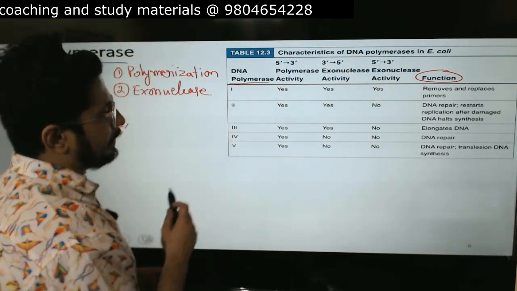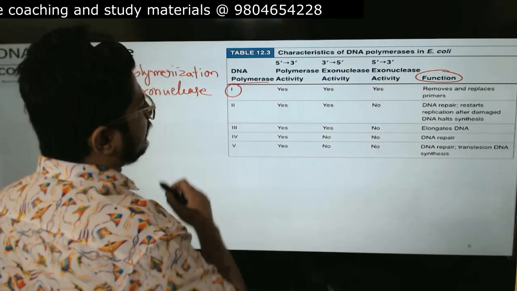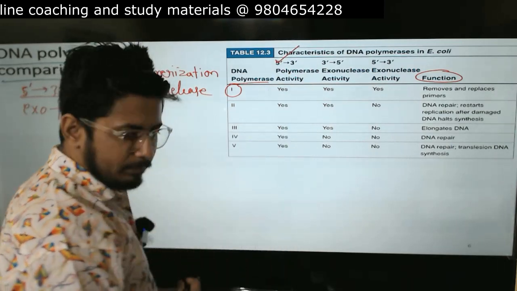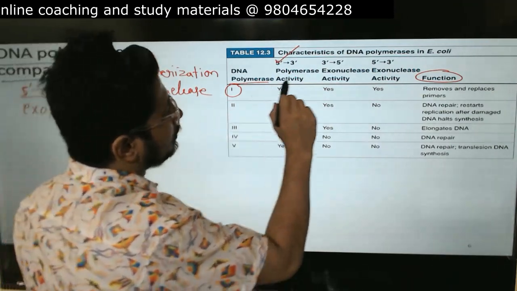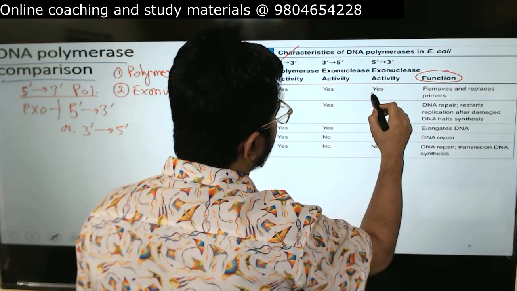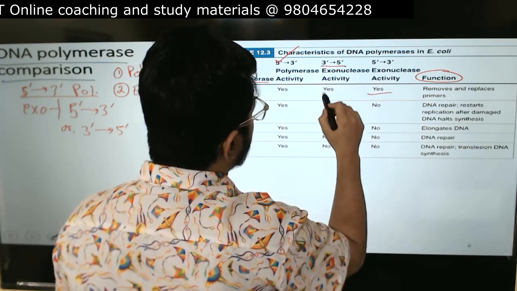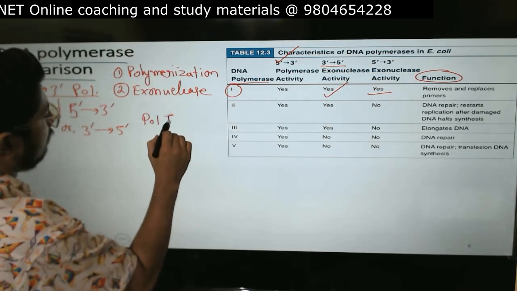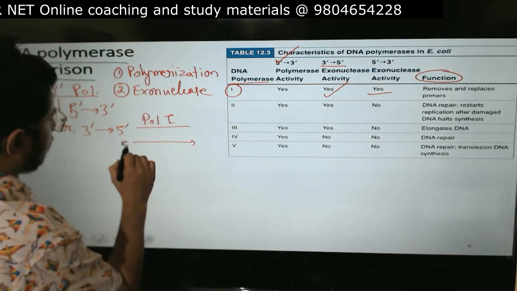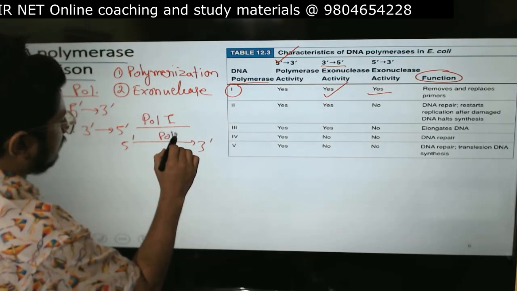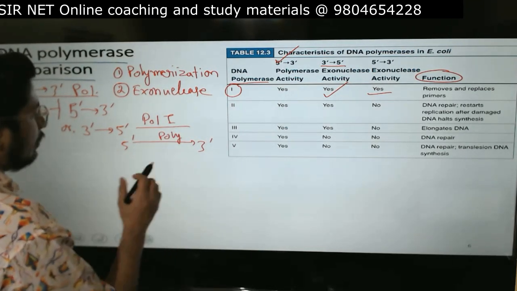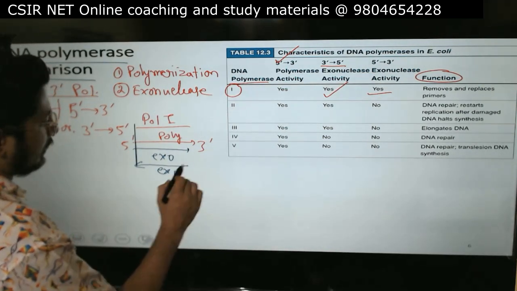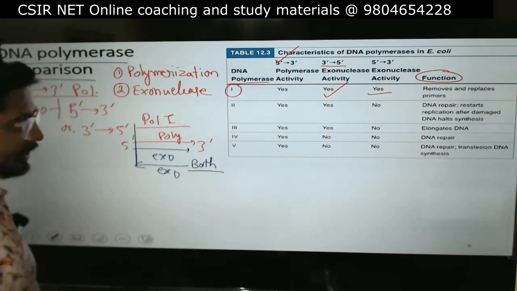Here we are seeing 5 different types of polymerase. So polymerase 1. The polymerase activity for all the polymerases is 5' to 3'. But for polymerase 1, the 5' to 3' exonuclease activity is present, and 3' to 5' exonuclease activity is also present. So that means DNA polymerase 1 can do 5' to 3' polymerization, and it can also do exonuclease activity in both directions.